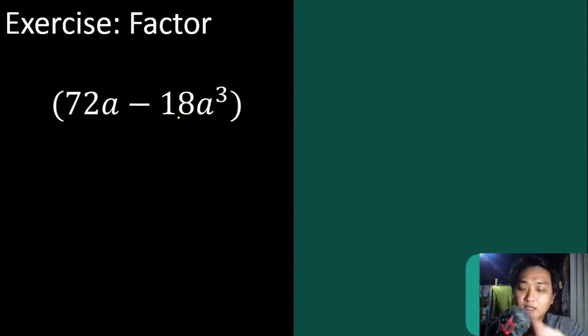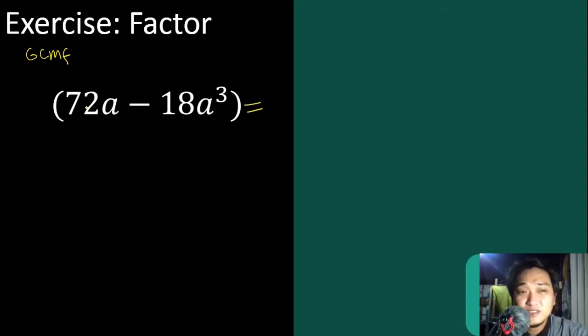Okay, so let us have few more examples. We have 72a minus 18a cubed. Again, katulad ng mga previous example natin, lagi-lagi nyong tatandaan, kailangan kunin nyo lagi yung tinatawag na GCMF para makita natin kung may a-apply ba natin yung technique or not.